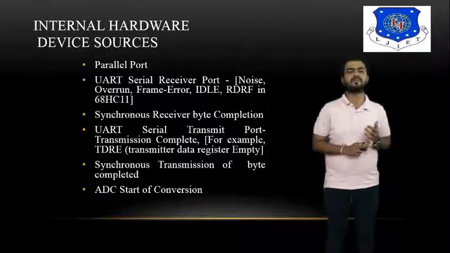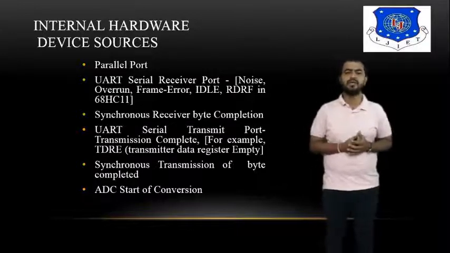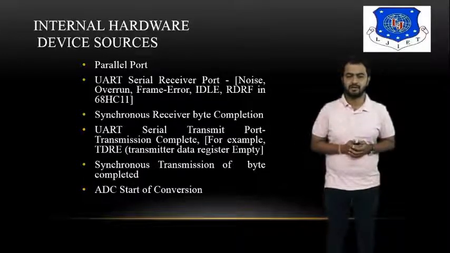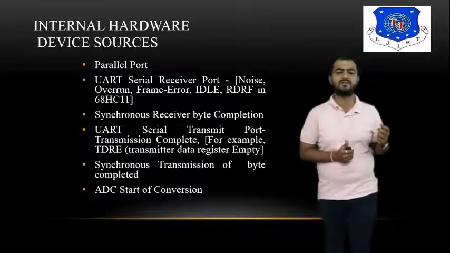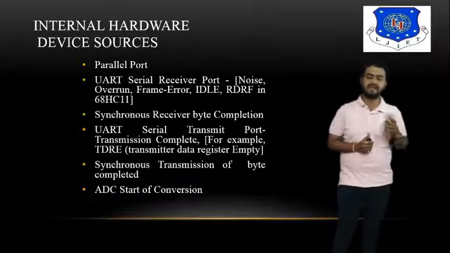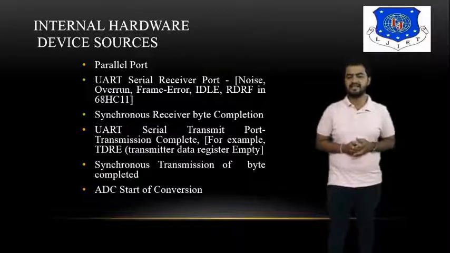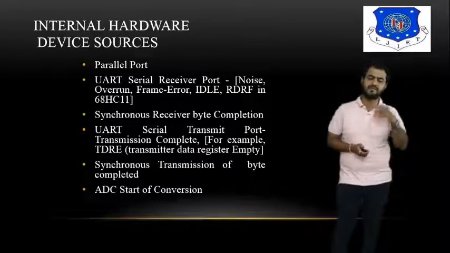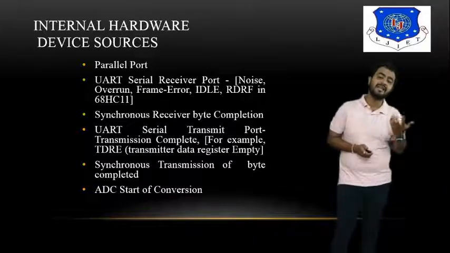These are the different types of processors we discuss for the communication configurable port. Synchronous receivers, UARTs, the serial transmitter port, transmission complete, for example TDRE, meaning transmit data register empty, synchronous transmission of the byte complete. ADC start of conversion, meaning transmitted data from analog to digital conversion in terms of a sensor part.